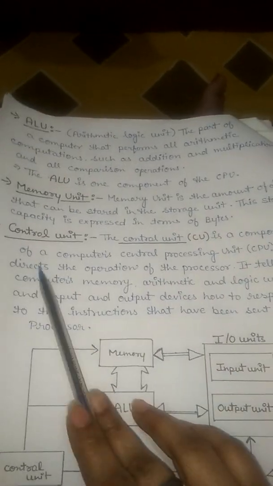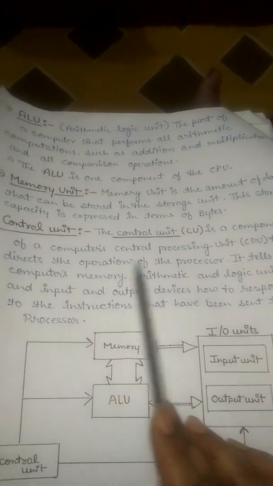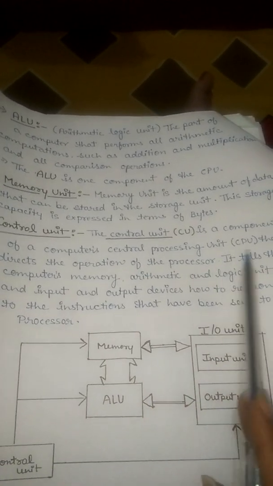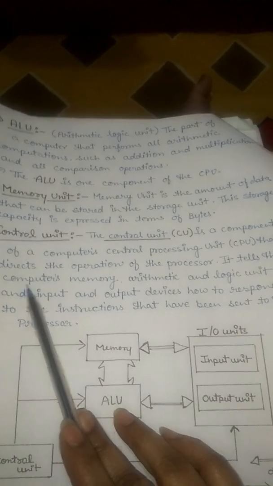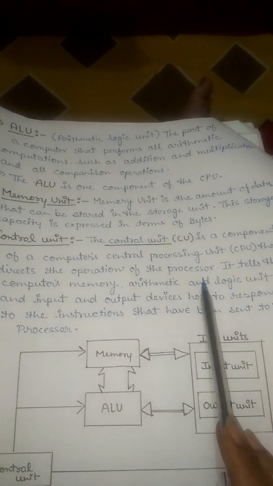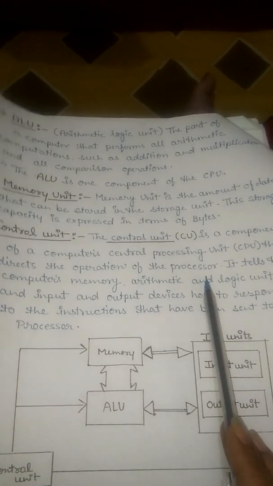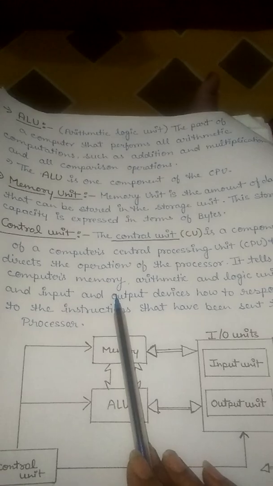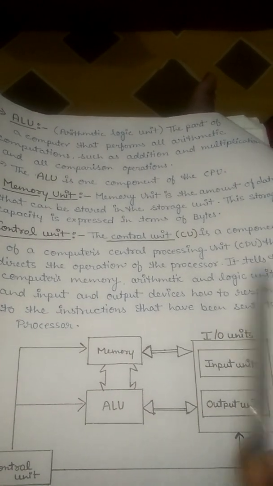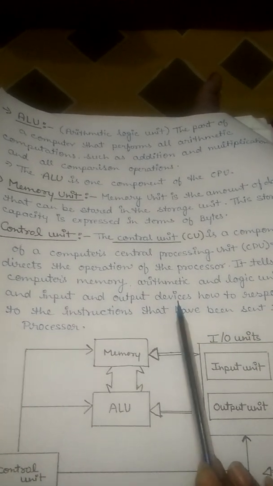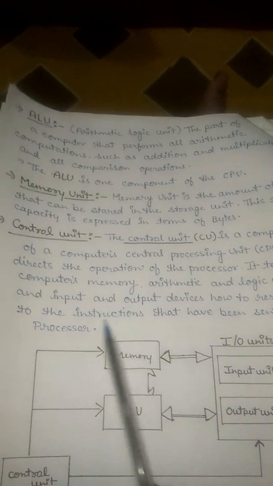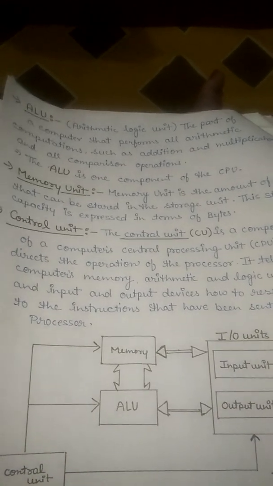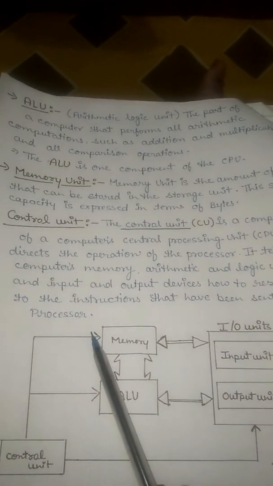The CU is the component of the computer's central processing unit that directs the operations of the processor. It tells the computer memory, arithmetic logic unit, and input-output devices how to respond to the instructions that have been sent to the processor.